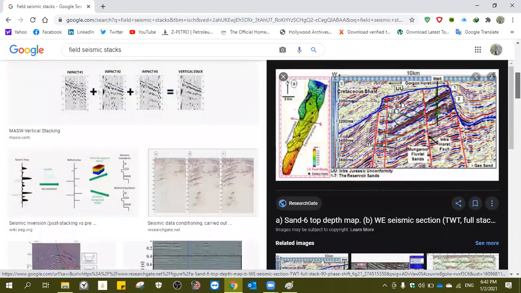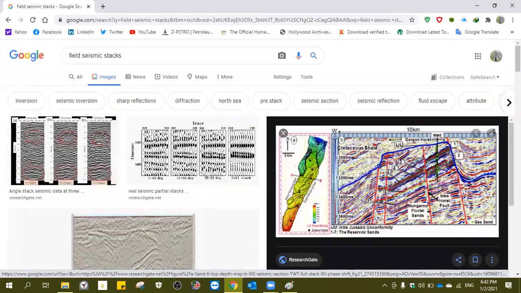I have a separate course related to seismic data interpretation in PetroNile software. It is a very vast, broad course, where I teach each and everything: how to use PetroNile software and how to interpret all these data sets.